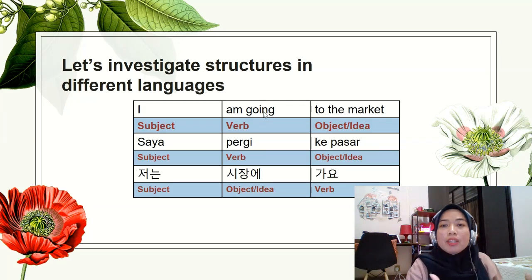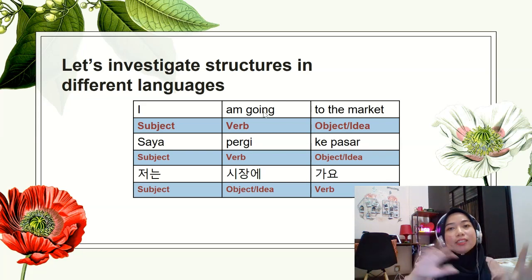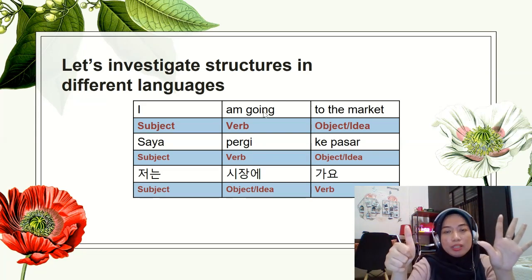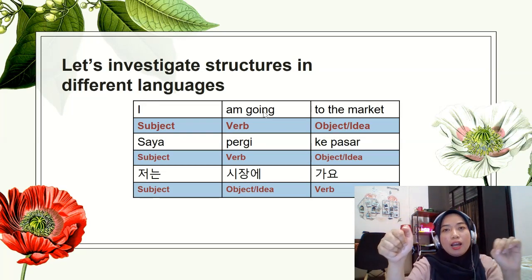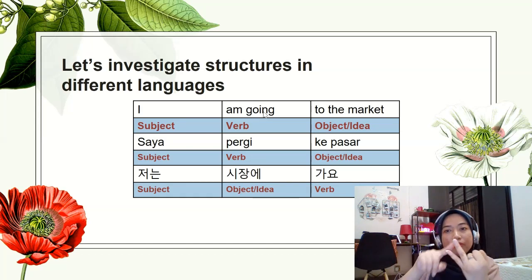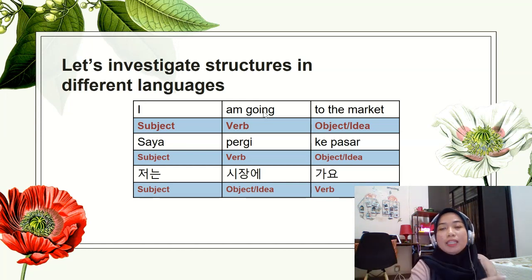The verb. To the market is the idea of the whole sentence itself. So from one single sentence with 6 words, I am going to the market, I have divided it into three different components: subject, verb, and object or idea.